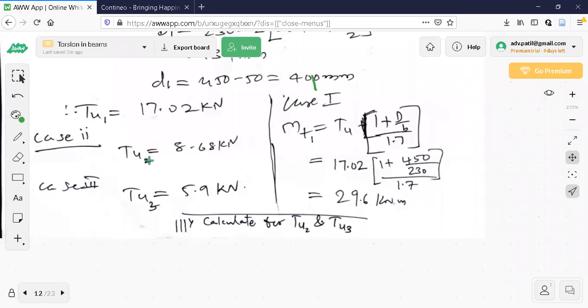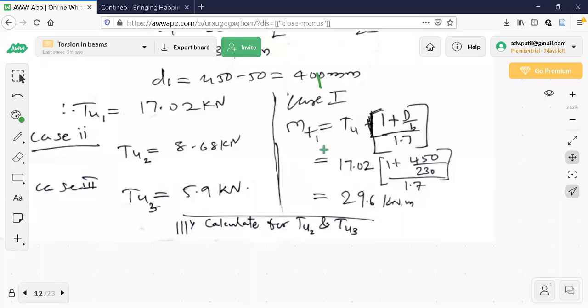Now if I ask you to find out TU2, what will you do? Simply substitute 8.68 in place of 17.02. If I want you to calculate TU3, just remove this 17.02, substitute 5.9, you'll get MT3. So this is the end of your module 3.